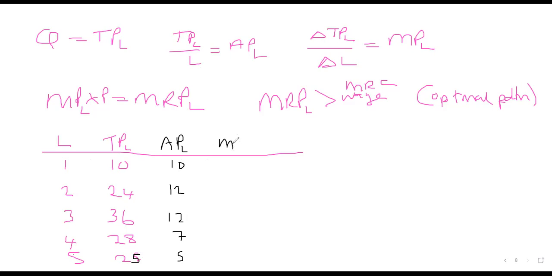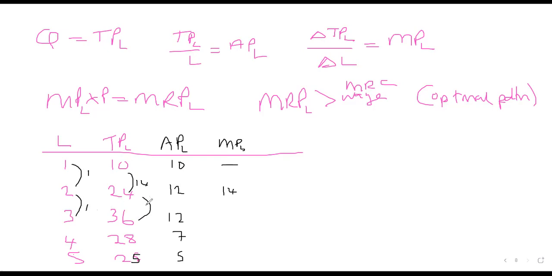Now the marginal product of labor: the difference between the total product over the difference in labor units. 10 minus dash over 1 minus dash is what? Dash. 24 minus 10 is 14. 2 minus 1 is 1. So we divide 14 by 1, we get 14. 36 minus 24. What do we get? And 3 minus 2 is 1.